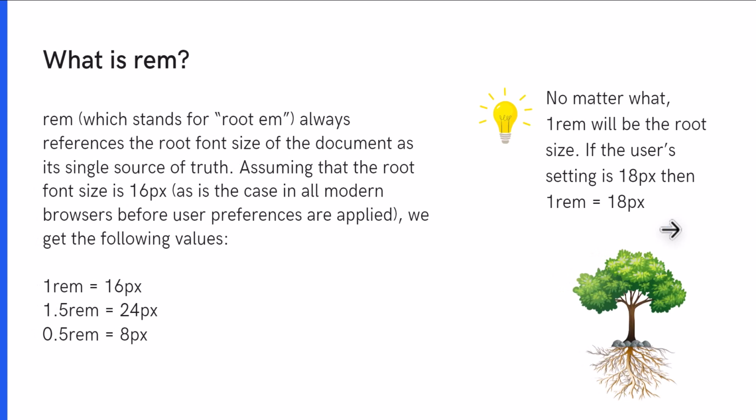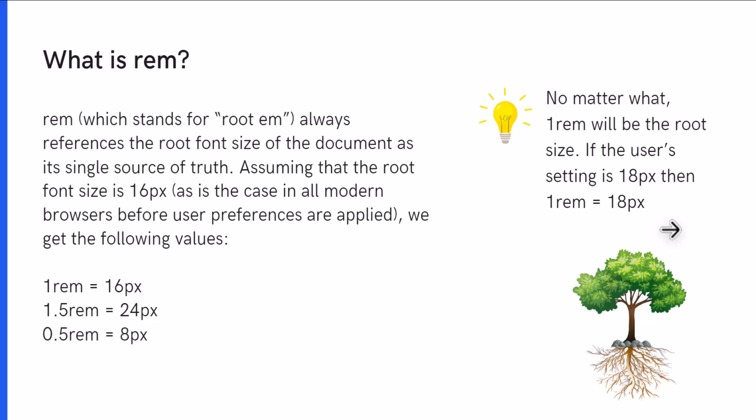Rem, which stands for root em, always references the root font size of the document as its single source of truth. Assuming that the root font size is 16 pixel, as is the case in all modern browsers before user preferences are applied, we get the following values. 1 rem equals 16 pixels. 1.5 rem is 24 pixel because it's based on the default root size, which is 16 pixel in all modern browsers.